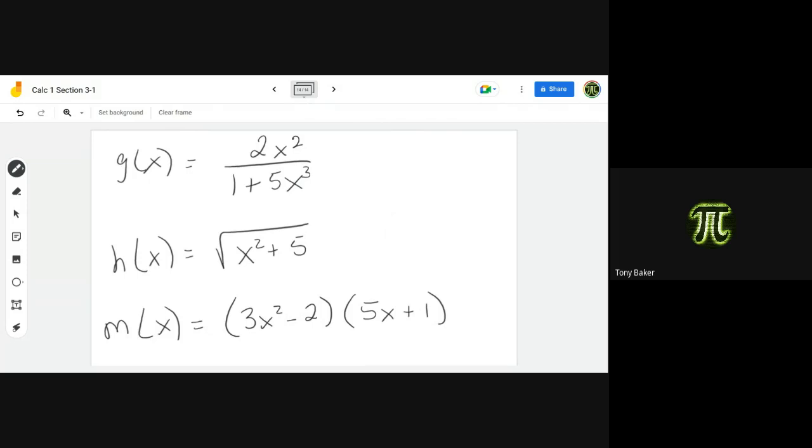Okay, so FOIL it out. Once you FOIL it out, find me my derivative.